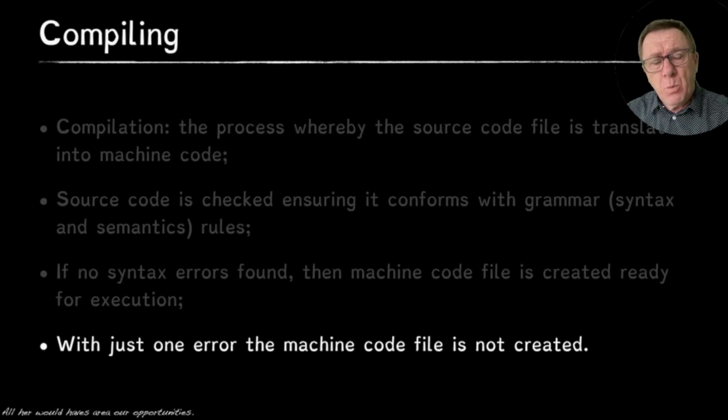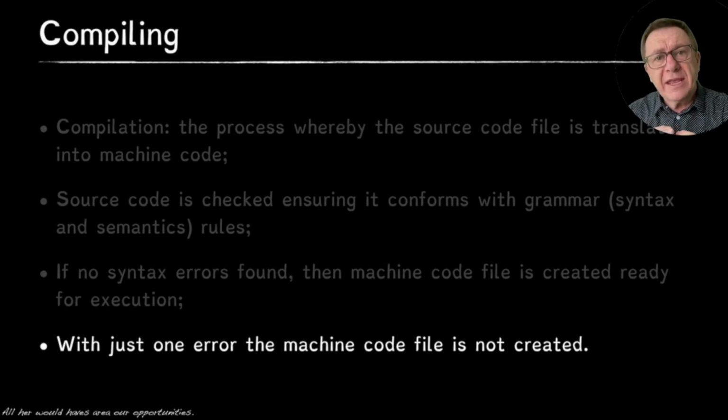So what's happened here is we've taken the book and we've translated the entire book into a new language, and that book can now be executed by the German-speaking world, that is, read. That's compilation. So we compile our source files into an executable, and then we run the executable.